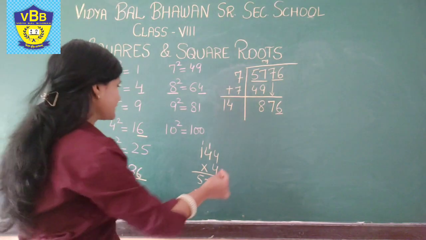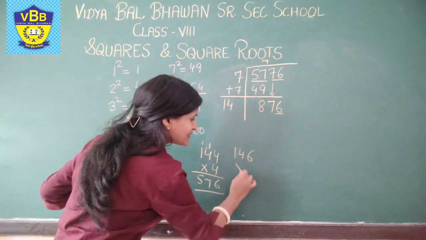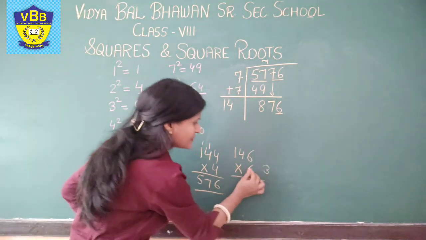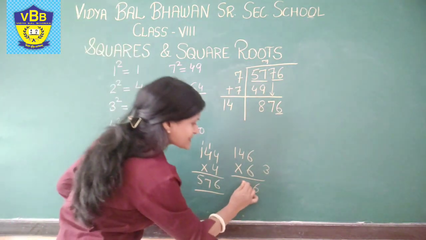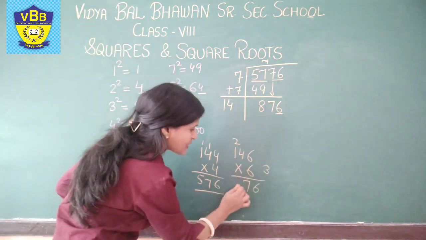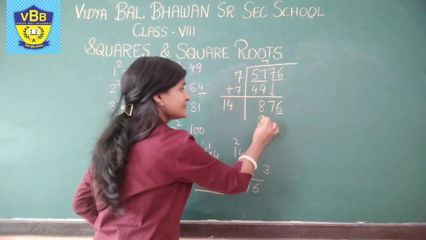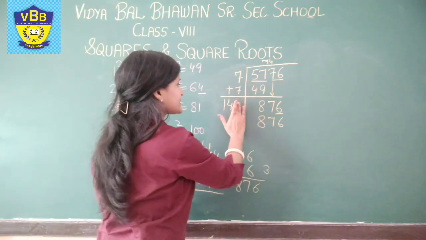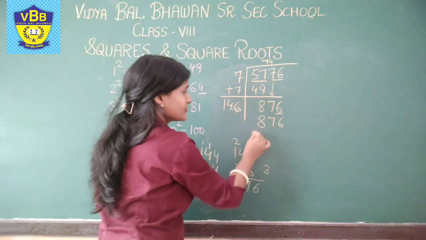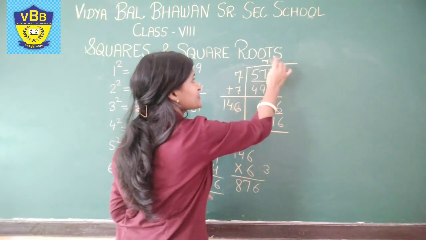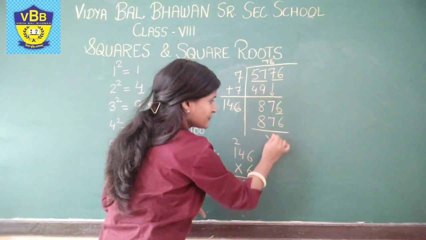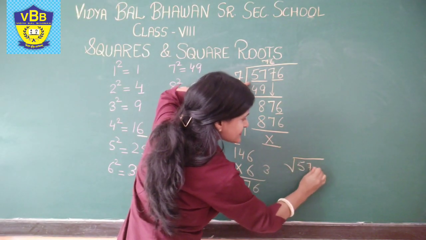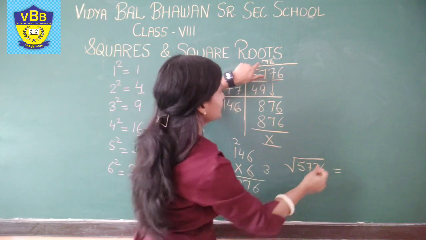So take 146 with 6 in the ones place and multiply: 6 sixes are 36, 6 fours are 24 plus 3 is 27, 6 twos are 12 plus 2 is 14, so the remainder is 0. So the square root of 5776 is equal to 76.